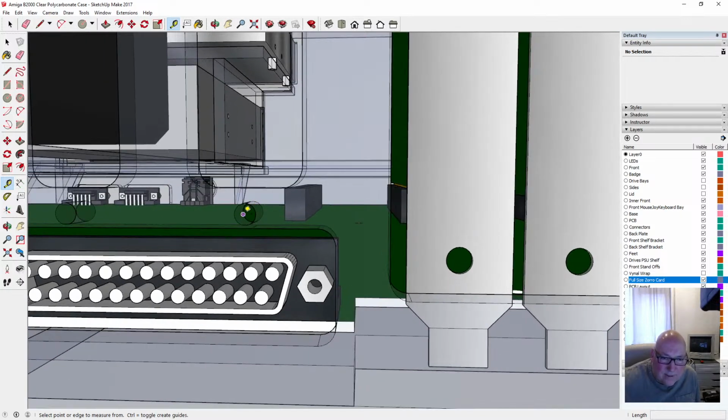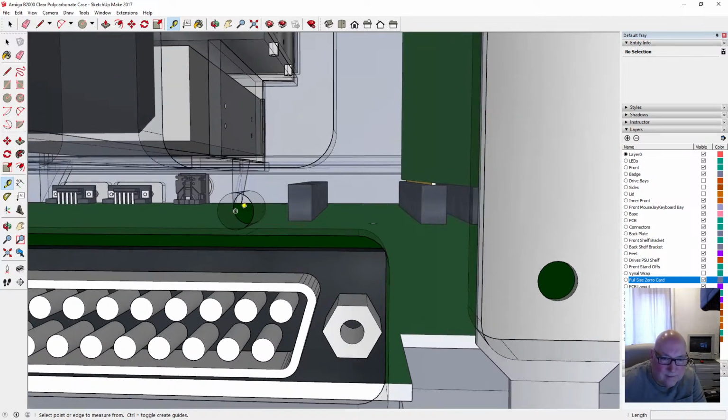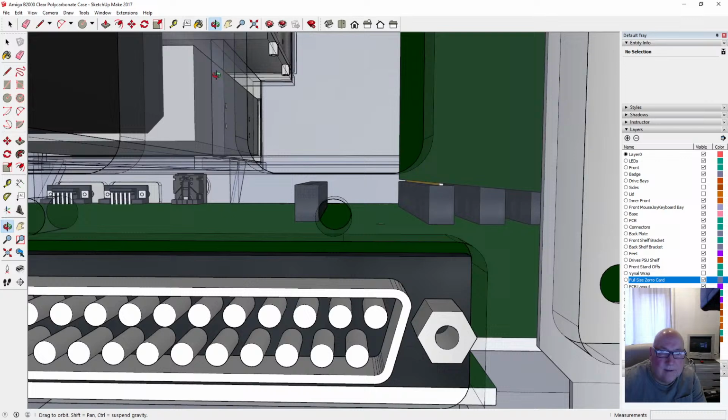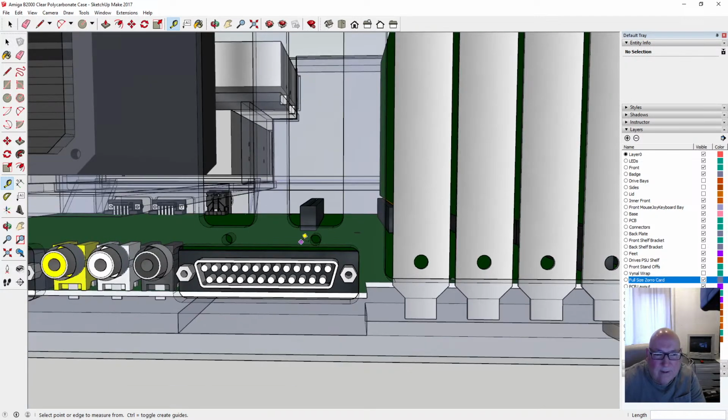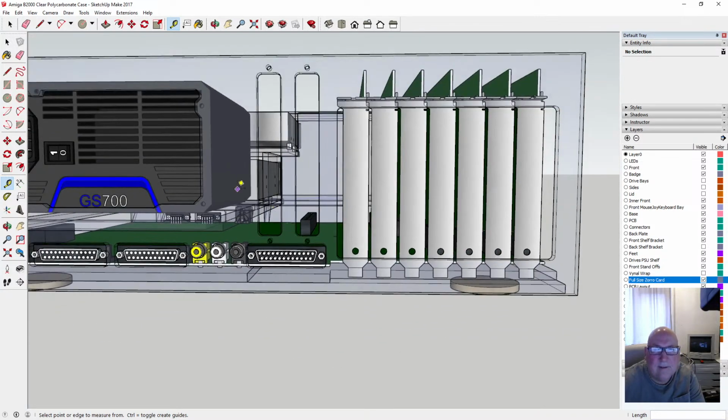So let's just have a look at that. 5.9. So yeah, we're a few mil out there. A few millimeters out.